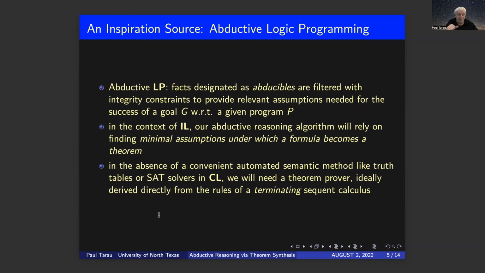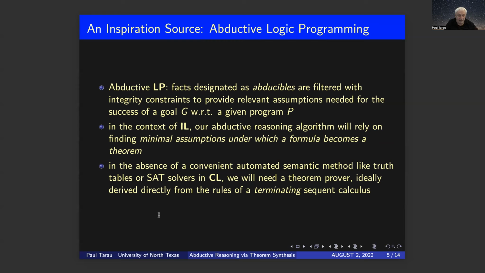In the context of intuitionistic logic, our abductive reasoning algorithm will rely on finding minimal assumptions under which a formula becomes a theorem. But because we do not have the truth table mechanism or decision procedure, like for Horn clauses, we need a theorem prover for that.